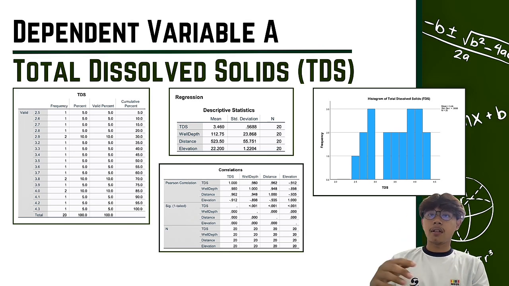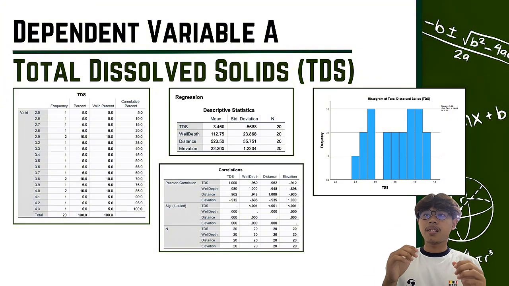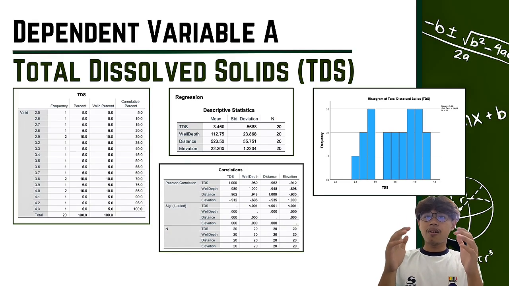Next, to examine the distribution of TDS values, I created a histogram using the graph function in SPSS. This helps us to visualize how the TDS values are distributed across the 20 monitoring wells.